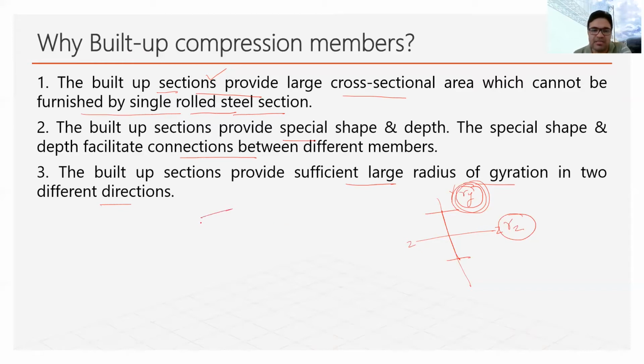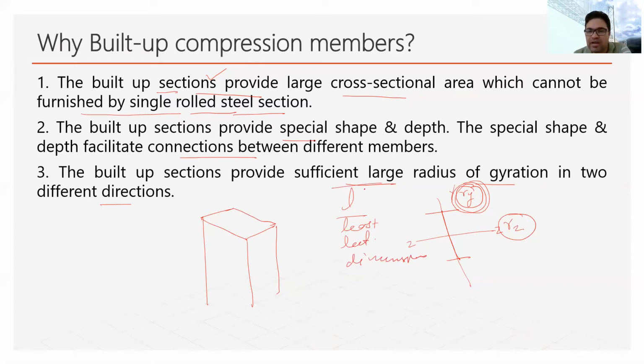For example, say this is a column which is square in shape, and if we have to find out effective slenderness ratio, so slenderness ratio will be effective length upon the least lateral dimension.